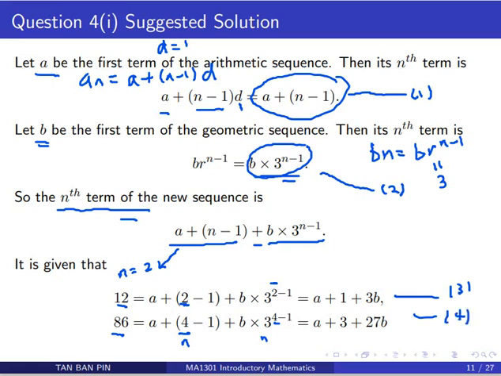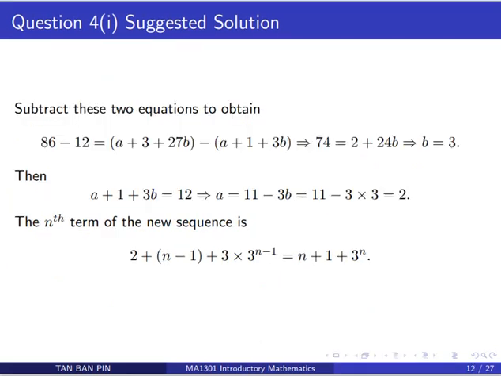With that, you can solve the two equations. You subtract the two equations, and a cancels away. Then you can solve for b. b is 3. And then you can sub into this equation and you'll find that a is 2.